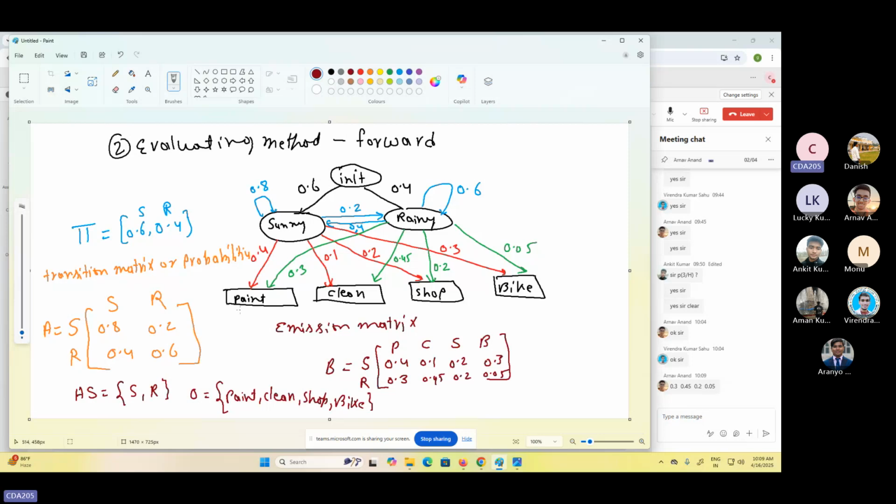So if we have a sequence: paint, cleaning, shopping, and biking. This is the sequence. Then what will be the hidden layer? Hidden state, it will be sunny, rainy. It will be sunny, sunny. It will be rainy, sunny. What would be the hidden state? That we have to find. Understood?